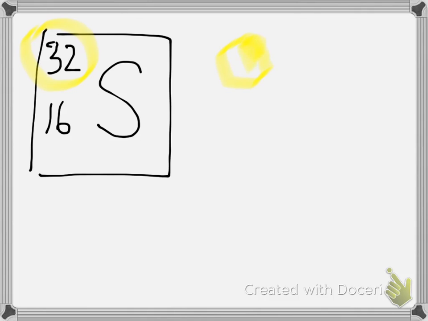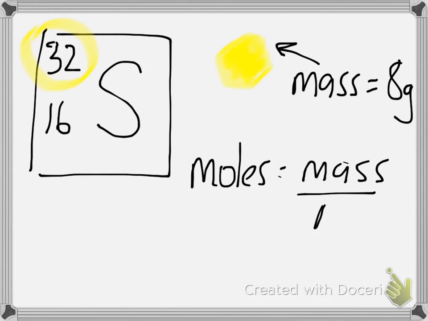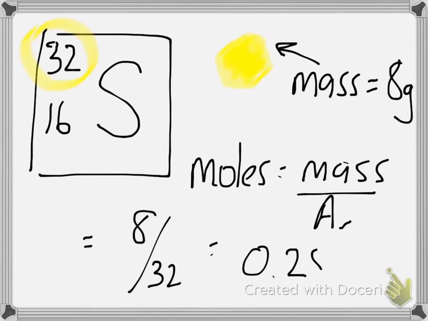If we have a nice block of sulfur here, it's useful I've got the yellow pen, and we say that our sulfur block has a mass of 8 grams, we now know that the number of moles of sulfur from our formula, moles equals mass divided by AR, is equal to 8 divided by 32, which is equal to 0.25. 0.25 moles, if we remember that 1 mole is that really large number, means 1/4 of that really large number.